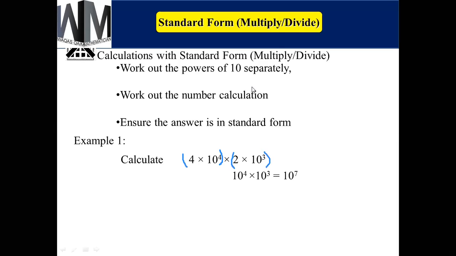So when we solve tens, 10 raised to 4 into 10 raised to 3 becomes 10 raised to 7. And when we solve numbers, 4 into 2 becomes 8. So the final answer will be 8 into 10 raised to 7.